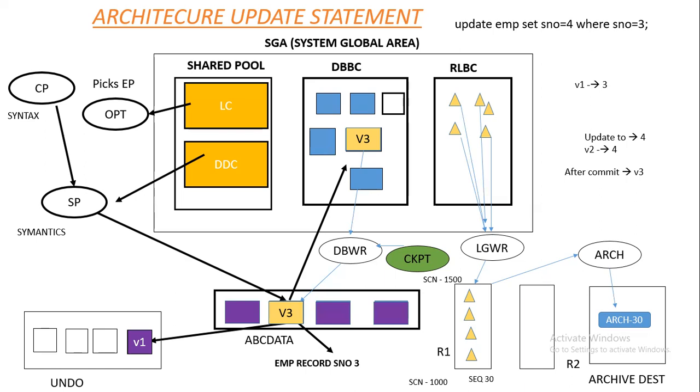If you observe here, the update statement internally uses a select statement. Initially, it has to read the data from the data file and keep it here, right? Internally, it uses the select statement. First, it will fetch the data. If the value 3 is present, then only it will update to 4.